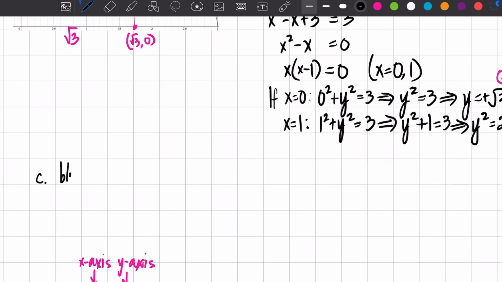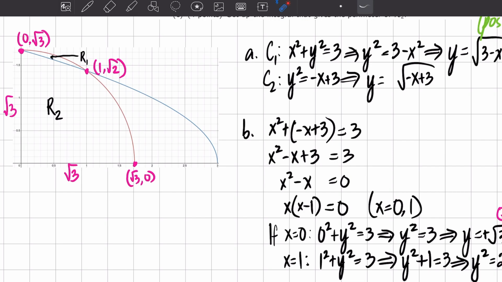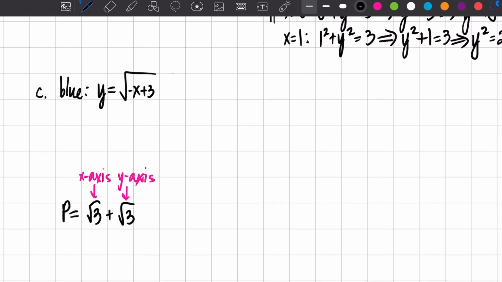So the blue curve is y equals square root of negative x plus 3, and we are obtaining its arc length from x equals 0 to x equals 1.